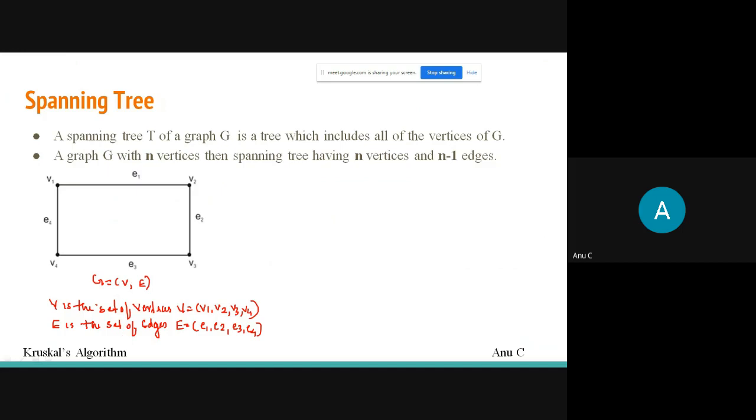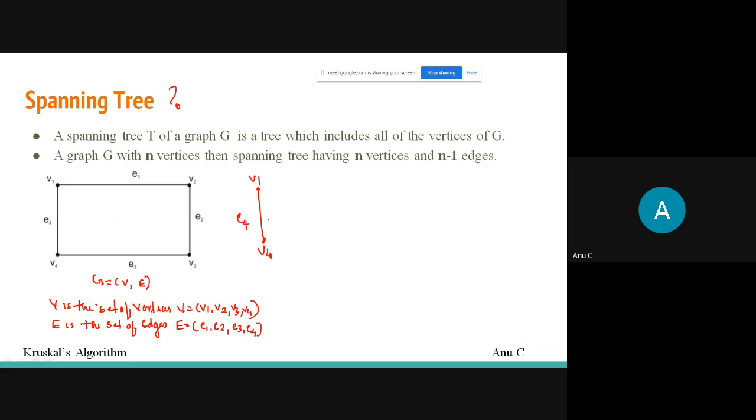The next, what is a spanning tree? So from this graph, next I am creating one tree. We know that trees are connected and circuitless. So here I am creating one tree, V1, V4, edge is E4.